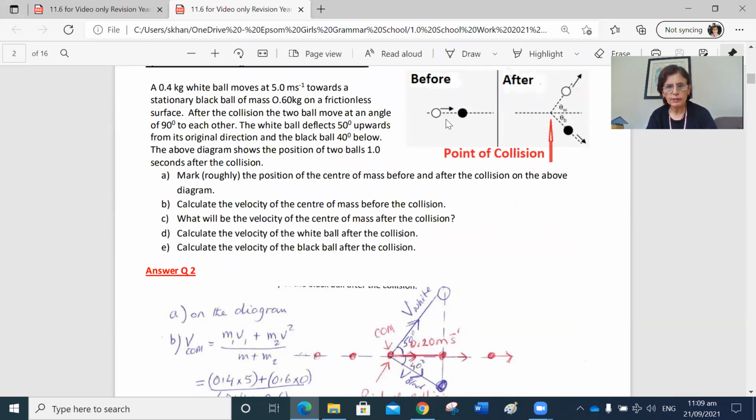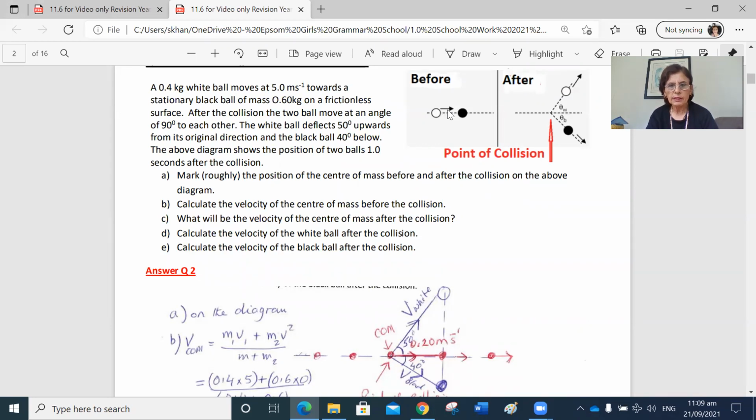Initially, the center of mass, which was not exactly in the center but more towards the black ball, was here. Since this ball was moving, the center of mass will also be moving. We can calculate the initial position of the center of mass by using the formula m1 d1 equals m2 d2.